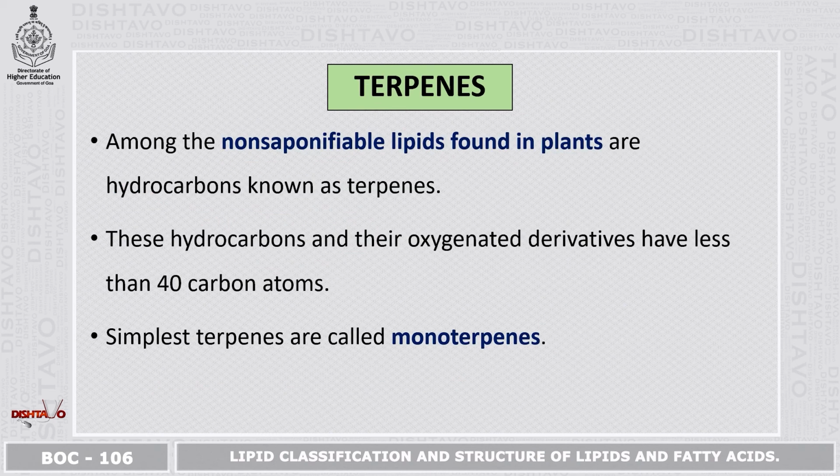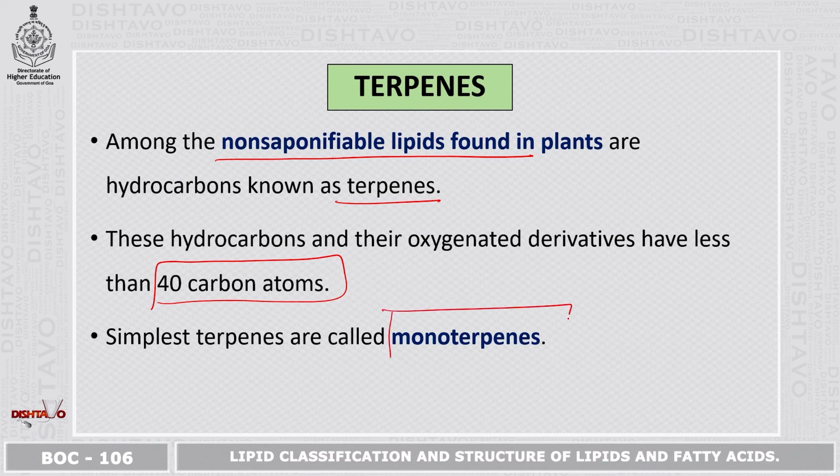Second one is terpene. So among the non-saponifiable lipids found in the plants are the hydrocarbons, and they are the terpenes. And these hydrocarbons and their oxygenated derivatives have less than 40 carbon atoms. And the simplest form of terpenes are monoterpenes.